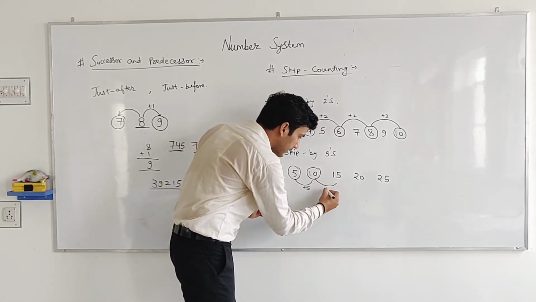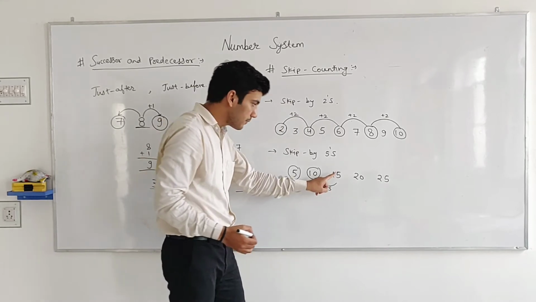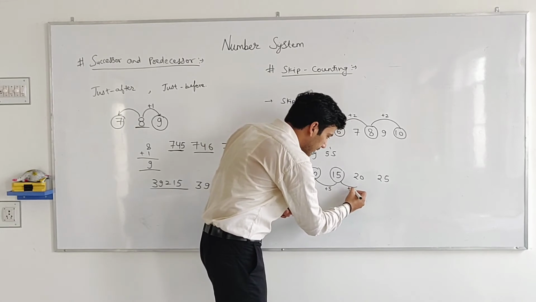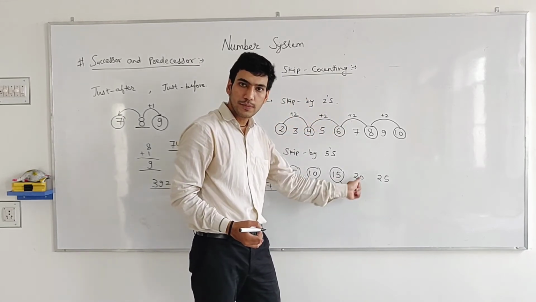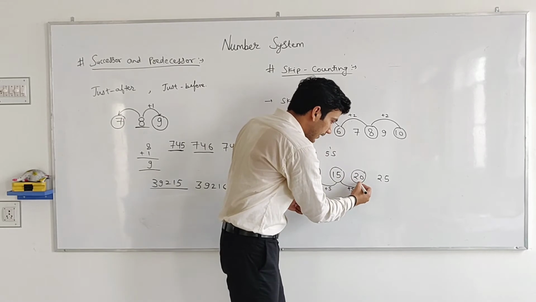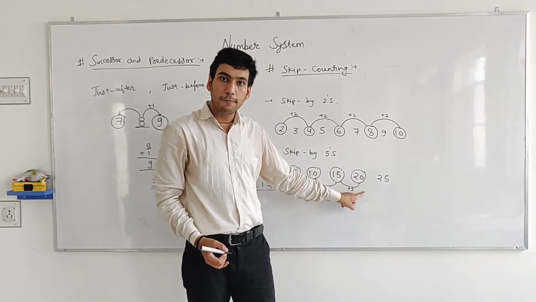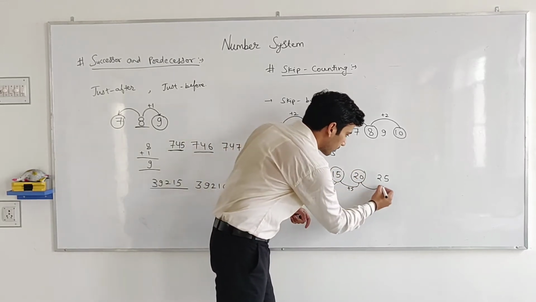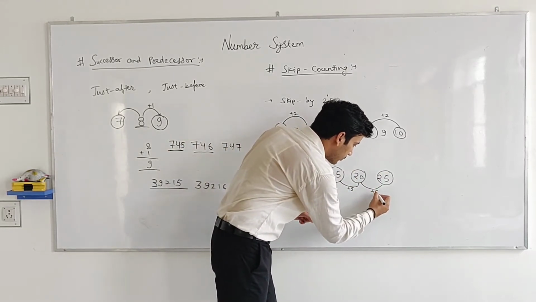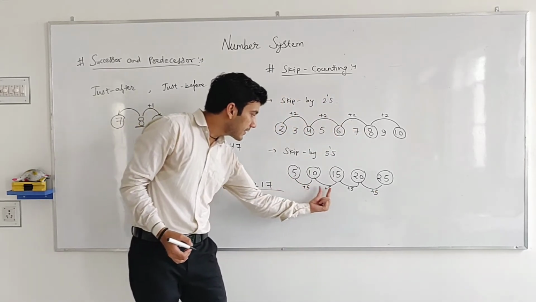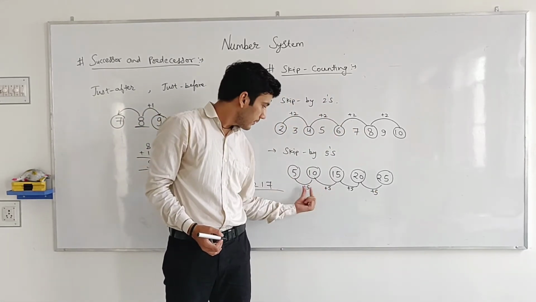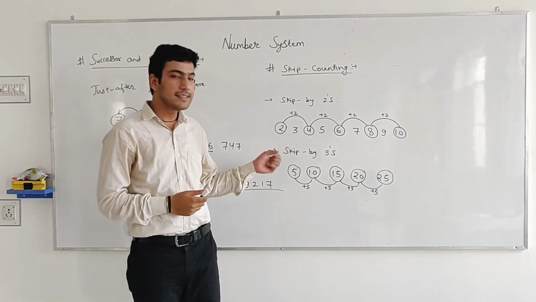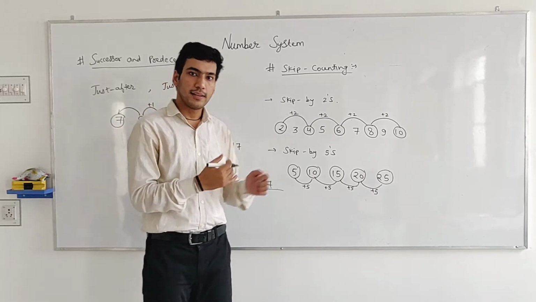Again, if you add 5 to this number, 10 plus 5 is 15. Again, 15 plus 5 is 20. And next, 20 plus 5 is 25. Then there is a fixed gap of 5 between each of these two numbers. This is how we are doing skip counting.